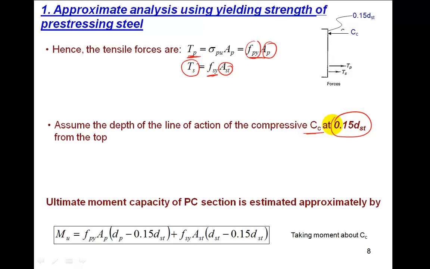With this assumption, we can easily find the moment capacity. If we take the moment about point Cc, it is Tp multiplied by its lever arm, plus Ts, the total force in the reinforcing steel, multiplied by its lever arm. That will give you your ultimate moment capacity. So this is an approximate method of finding the total moment capacity for the prestressed beam.